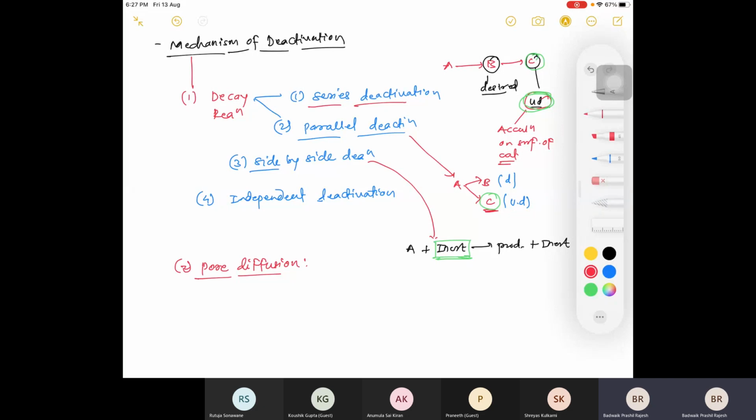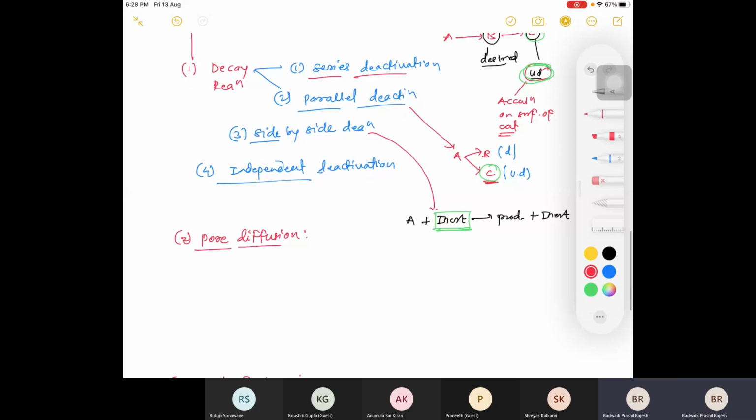So I am writing here because of exposure to extreme conditions, or with respect to time there is deactivation, or decrease in activity of the catalyst. So you just write here independent. It is not depending on any concentration. Right, I hope you guys are clear up to this.